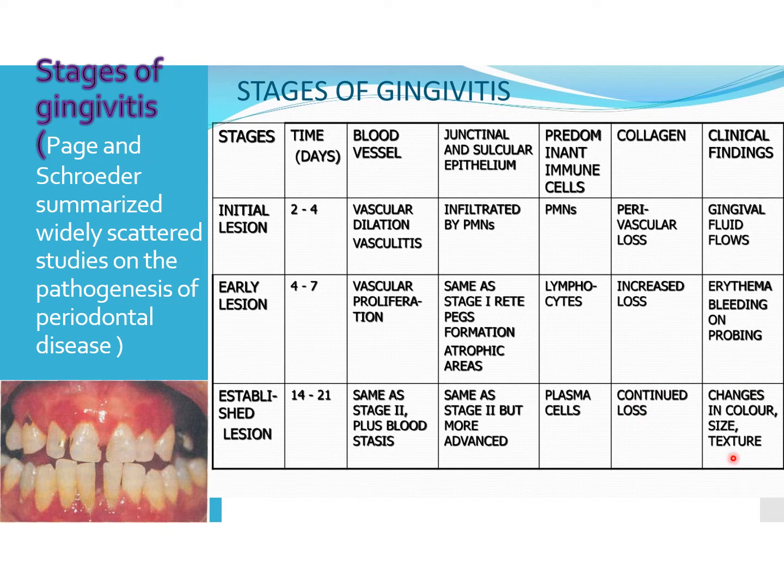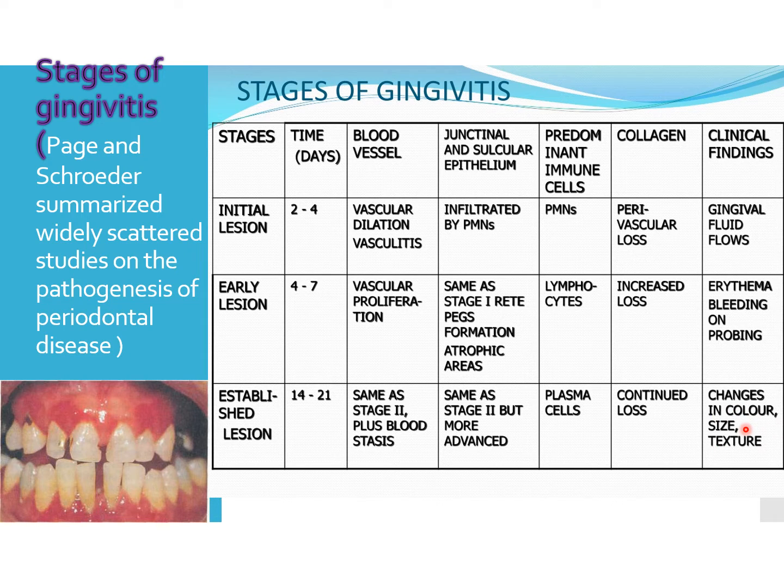The clinical findings will be changes in everything: size, color, texture, consistency. In the established lesion, the color will be bluish due to venous stasis, and size, consistency, surface texture and contour will all be changed.